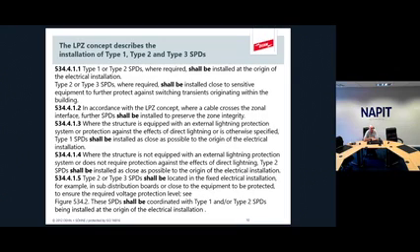And this is the one which is going to catch you out, 534.4.12. In accordance with the LPZ concept, where a cable crosses a zonal interface, further SPDs shall be installed to preserve zonal integrity. So if a designer has gone to the trouble of having an installation protected by lightning protection, and then you take a cable from the outside in, that's a bit of a hole in the Faraday cage. That's when you're going to start installing SPDs to preserve that zonal integrity.